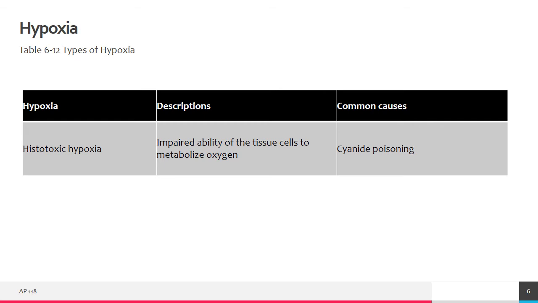Clinically, the PaO2, or arterial oxygen tension, and the content in the blood are normal, but the tissue cells are extremely hypoxic. And the mixed venous oxygen tension and content and saturation are elevated because no oxygen is getting taken up by the tissues.